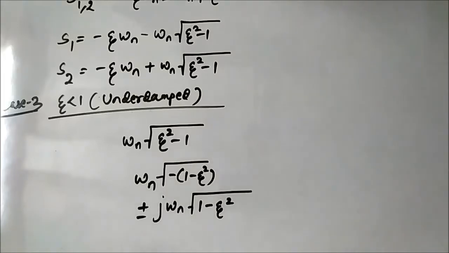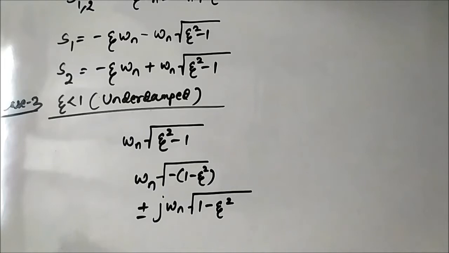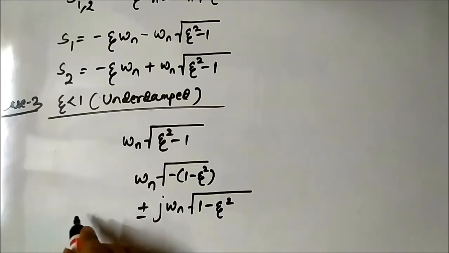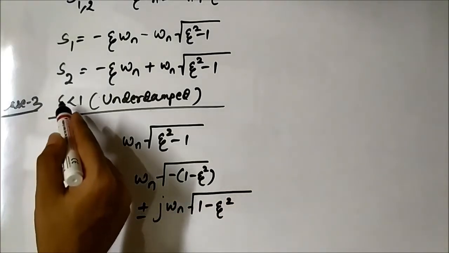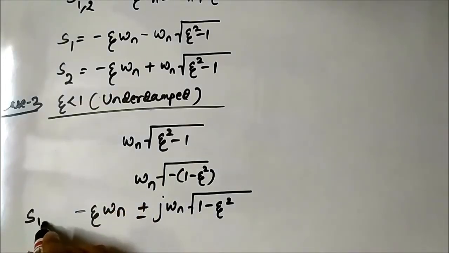Now let us put these values: minus zeta omega n. This will remain as it is, regardless of the value that zeta is lesser than 1. So this will be the root of the characteristic equation for a second order system for the underdamped case.